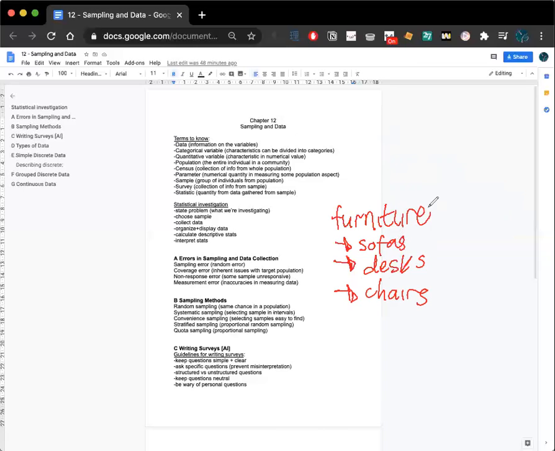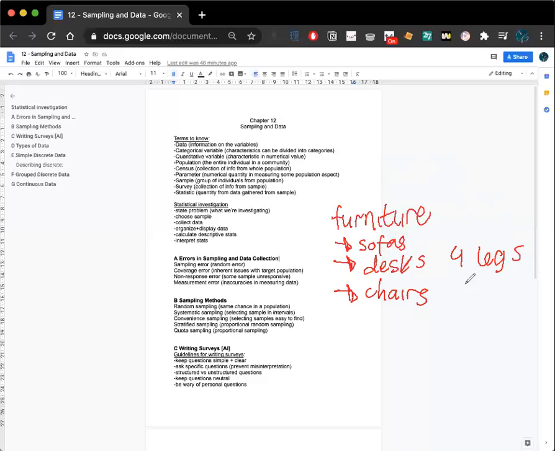And there's also quantitative variable. So quantitative variables are characteristics in numerical value. For example, a common desk has 4 legs.